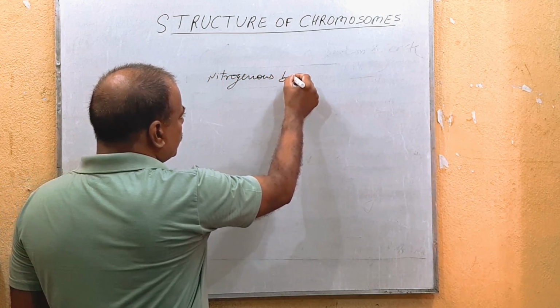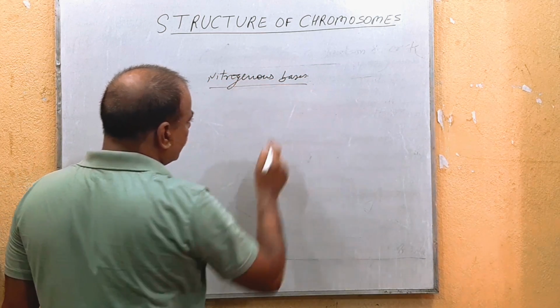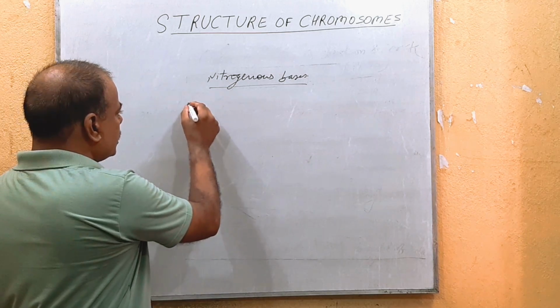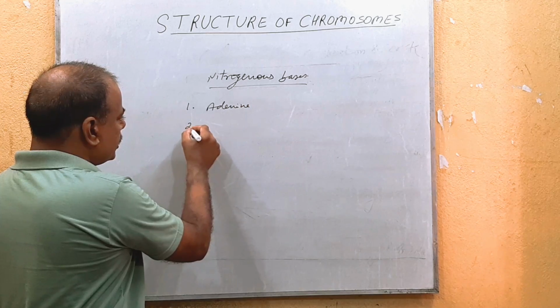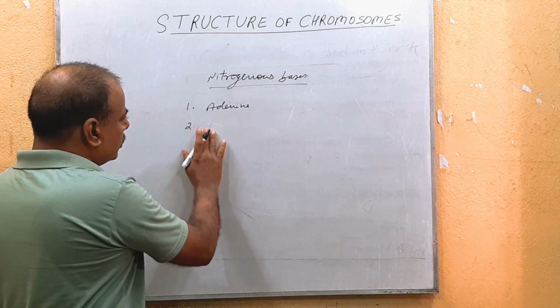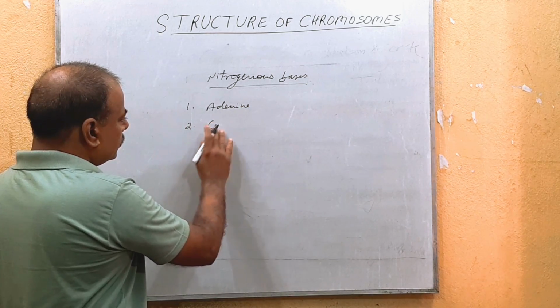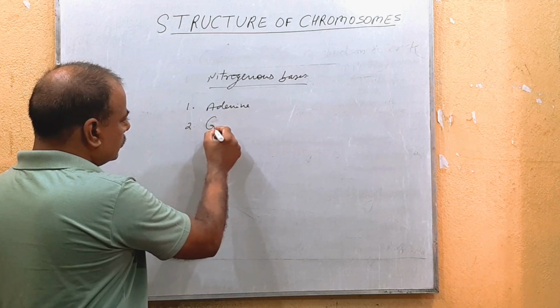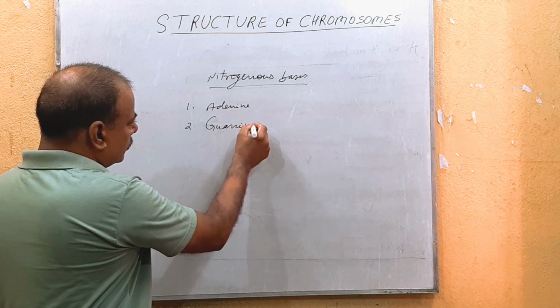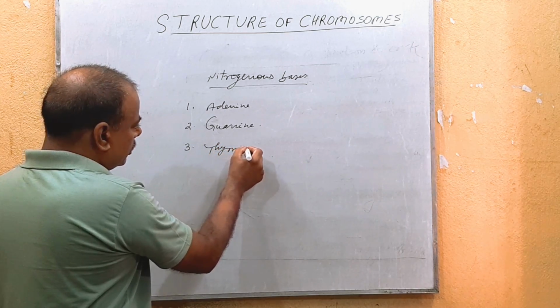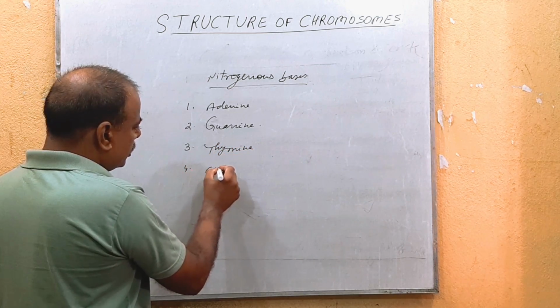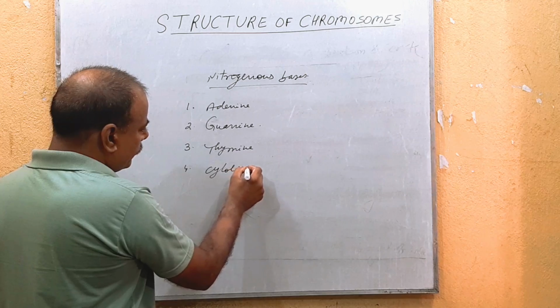Number 1 is adenine, second is guanine, third is thymine, and fourth is cytosine.